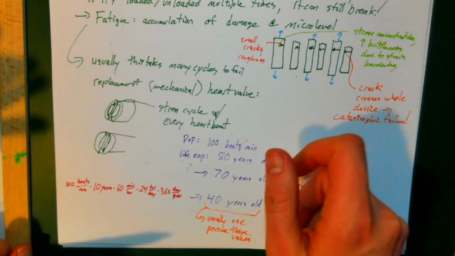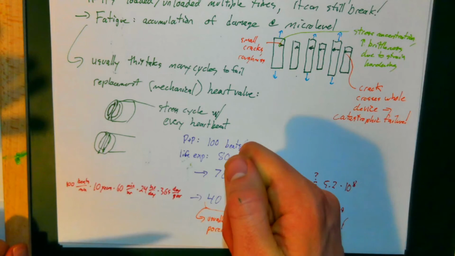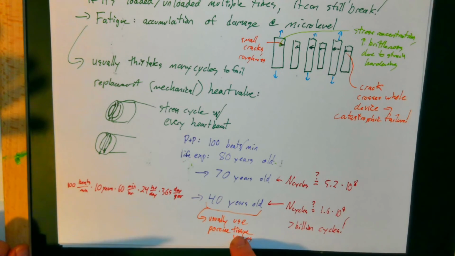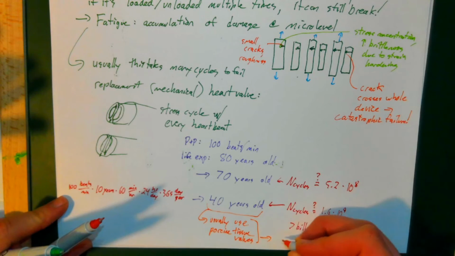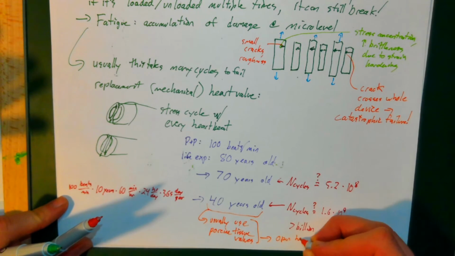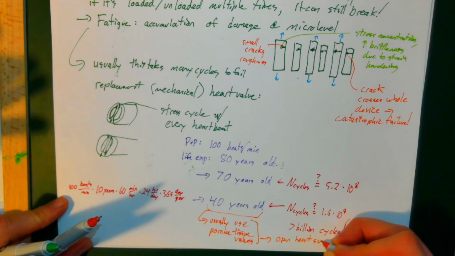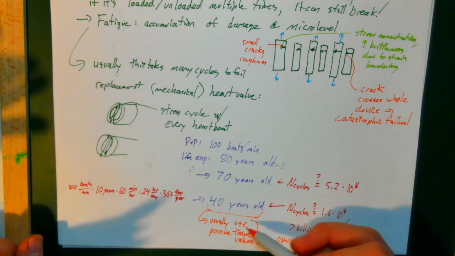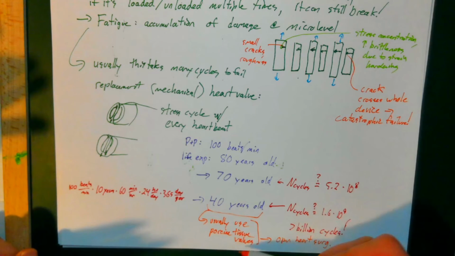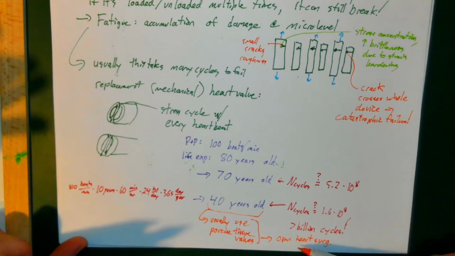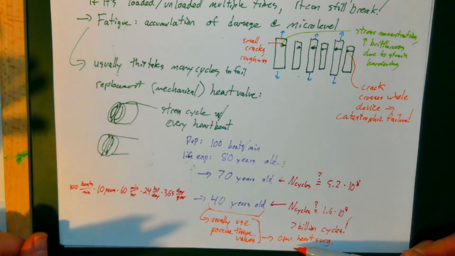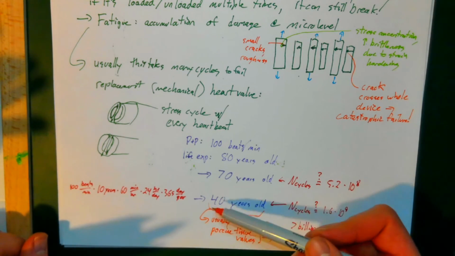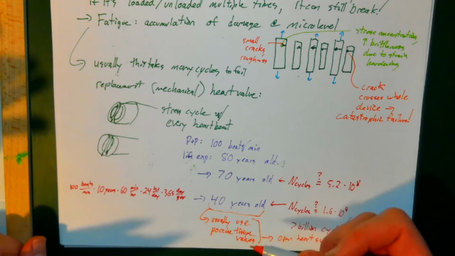Those can be inserted just with a catheter surgery, whereas the porcine valves require open heart surgery. So basically, the porcine valves can last a lot more cycles, but you need to do open heart surgery on the patient. But open heart surgery is generally safer with younger patients than older ones.